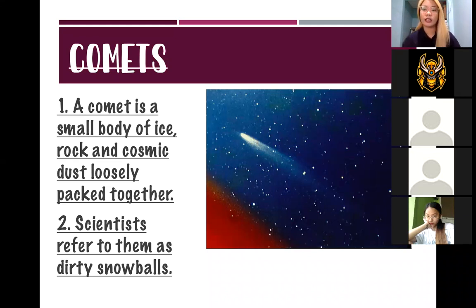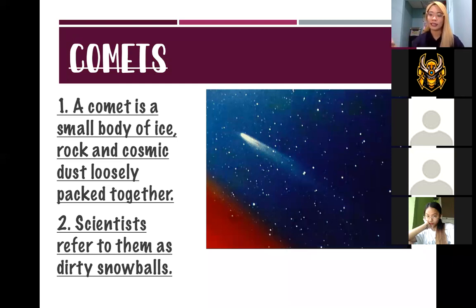So as you can imagine, when the comet travels near the sun, the ice component starts to melt. And that is the reason why if you see a comet far from the sun, it is basically spherical in shape.